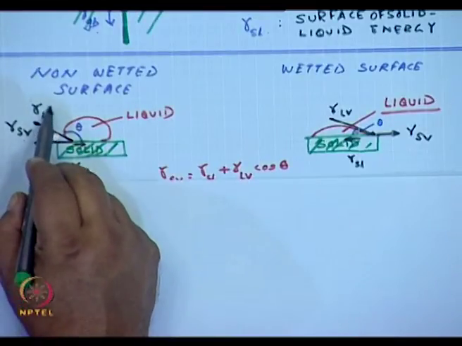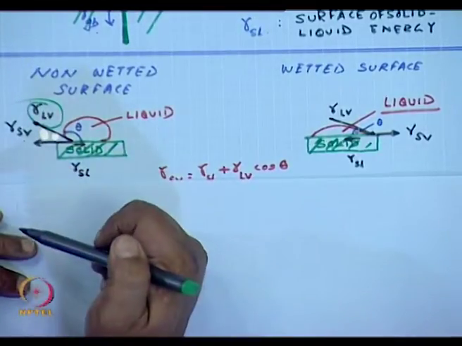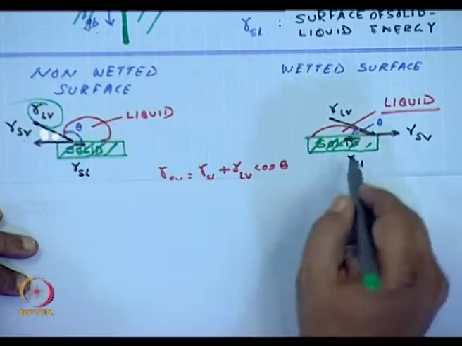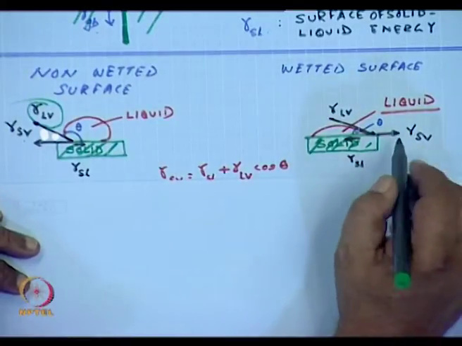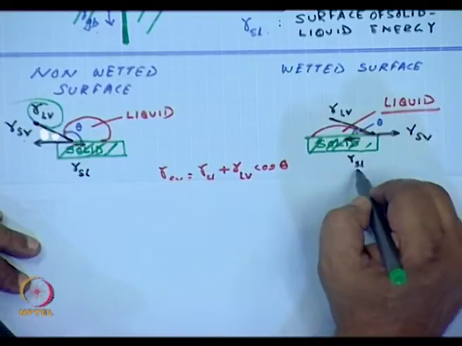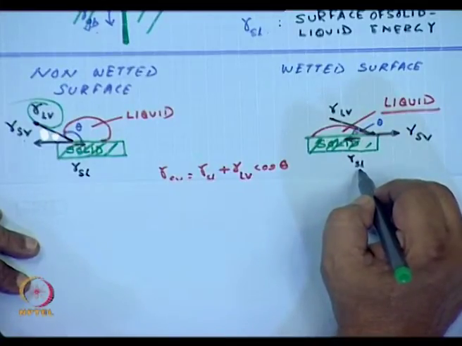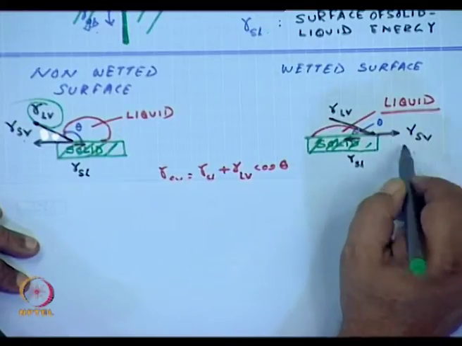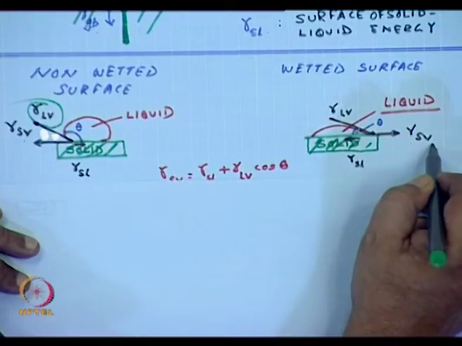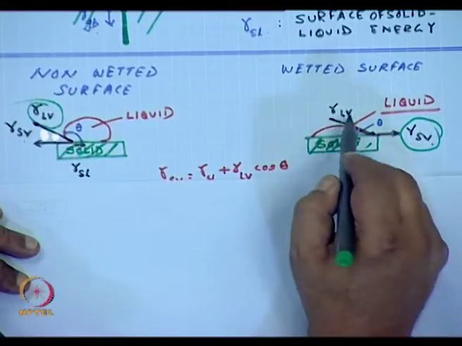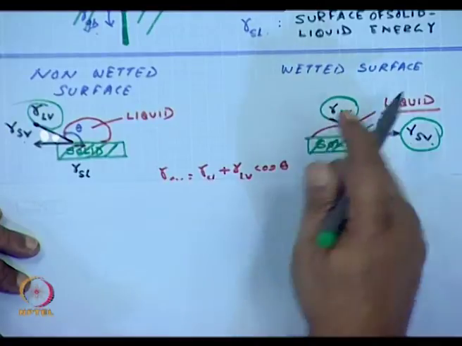In addition, we have the liquid vapor. Similarly, over here we have the SL, solid liquid free energy, but now we have the solid vapor over here also and the liquid vapor over here also.